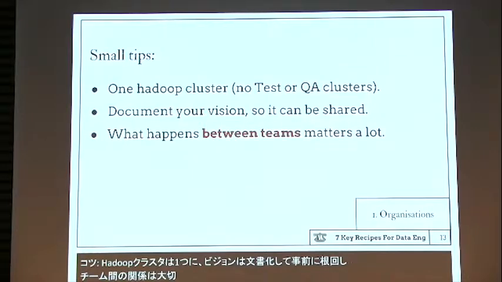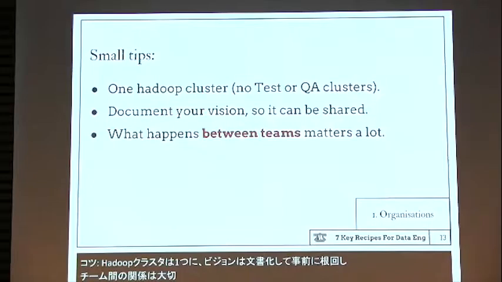And as with distributed systems, what happens between teams matters more than the outcome of any of the teams. So team interstitial boundaries matter more, and the way you work with other teams and the way it's defined from the start, because nobody knows where the limit of your work is.